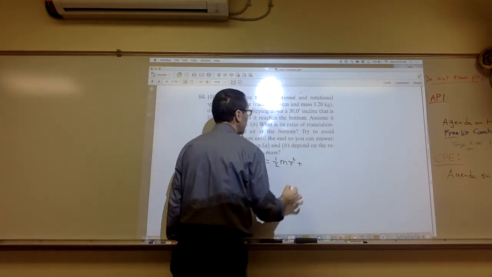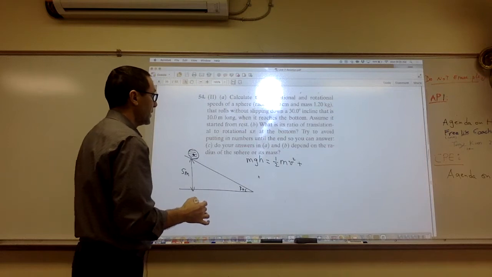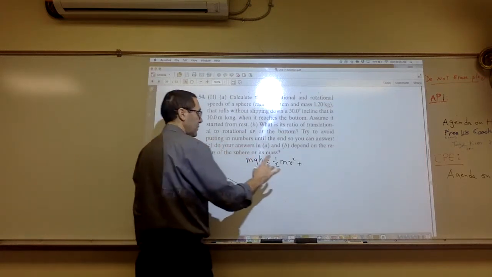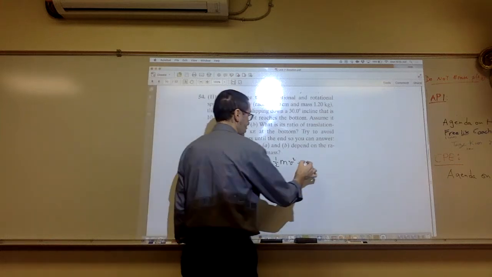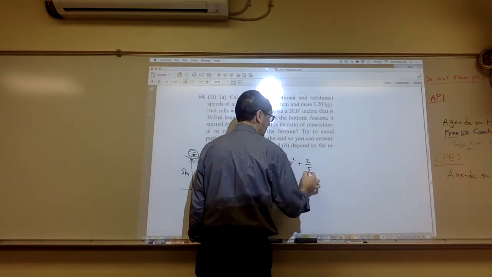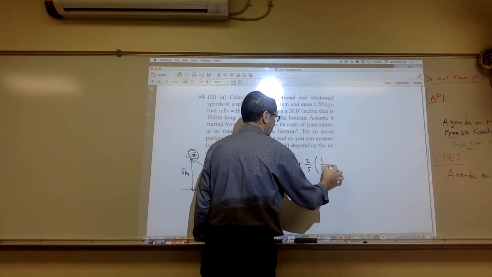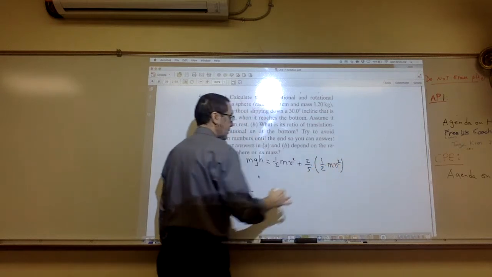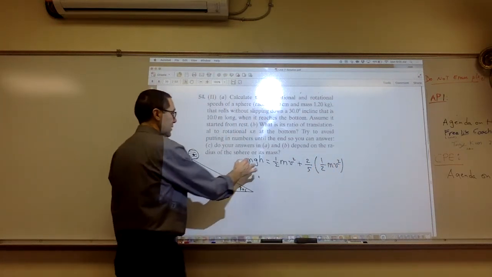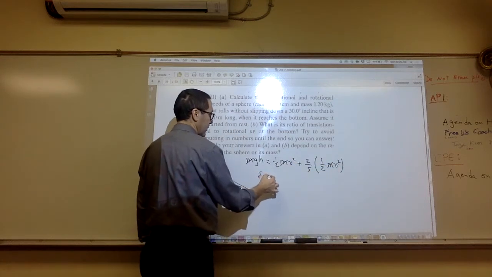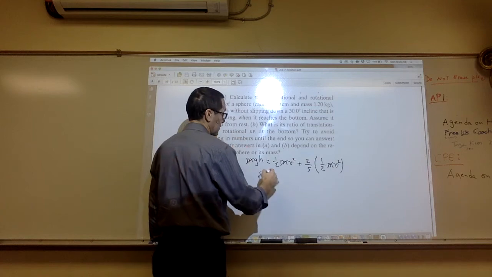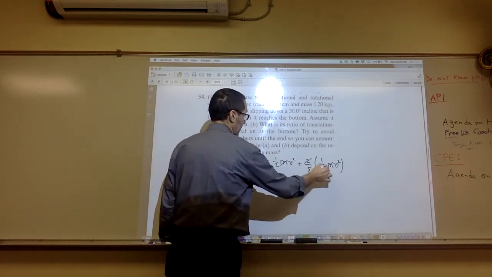Plus, now if you remember when we did the sphere, I gave you a shortcut in the previous video. So to find the 1/2 I omega squared, you can just do the coefficient for the sphere times the translational kinetic energy. And I think the masses will go away. So this is going to be 5, equals, this is going to be half, and I think we can get rid of that.